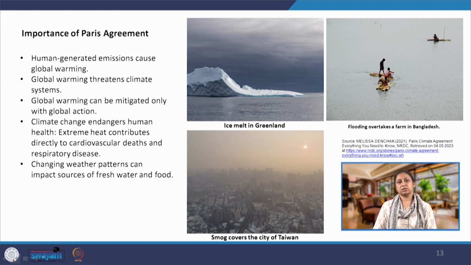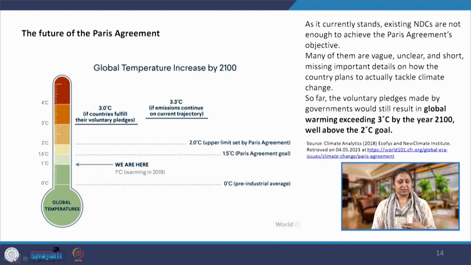We have been focusing so much in the last 3 decades on reducing greenhouse gas emissions, and despite so much effort and money and time that has been put into these discussions and also setting targets, unfortunately we have yet not been able to achieve the targets or even hold it to the same level. We are constantly increasing the targets. So, while it all sounds good, unfortunately we are nowhere close.